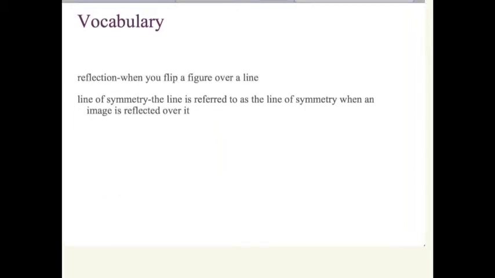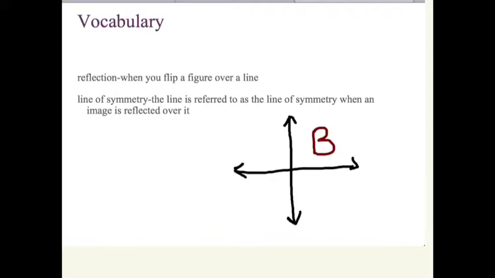Let's look at another type. A reflection is when you flip a figure over a line, and that line the figure is flipped over is referred to as the line of symmetry. Let's say I have a coordinate plane and I have mapped the letter B onto it. To demonstrate a reflection, the green B would represent my attempt to reflect the red B over the y-axis.